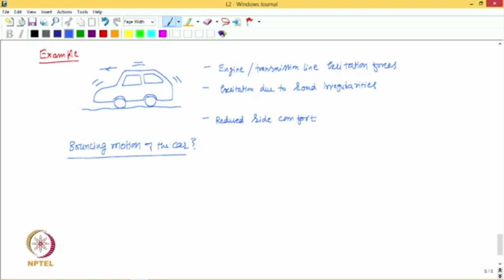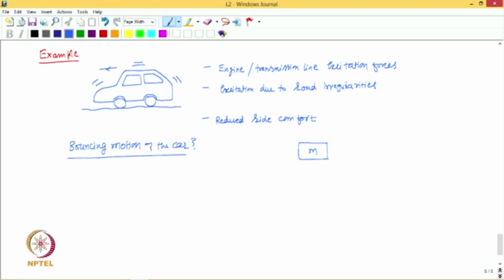to represent the mass of the car as a rigid mass, like this m. So this represents the mass of the whole car, because that is the sprung mass, it is going to vibrate, right. And then we can represent the stiffness of the car.